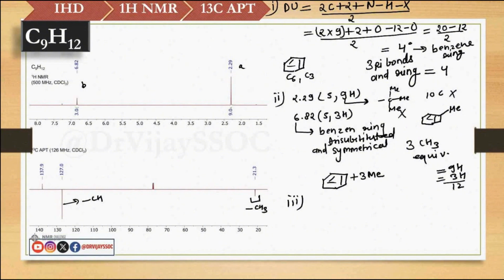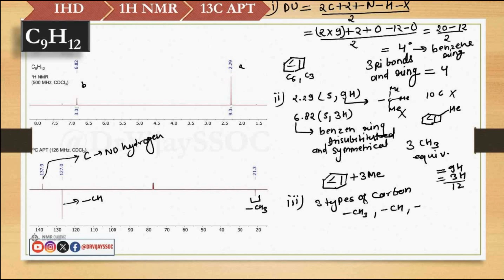This one is in the upward, positive phase, which indicates that this is a quaternary carbon, which doesn't have any hydrogen. So this also shows that there are 3 types of carbon: one is CH3, another is CH, and then C. This C could be the substituted carbon of the benzene ring.